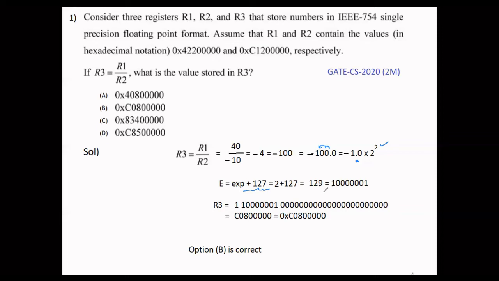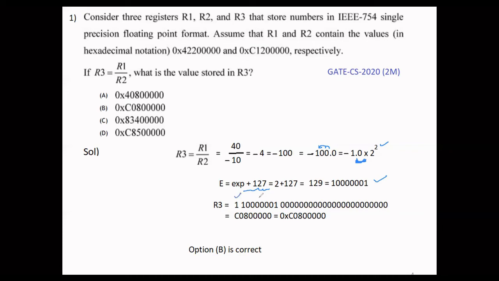When converted into binary, this is 10000001. And then after the binary point, the mantissa is all zeros, 23 bits. Then write it as a floating point number.